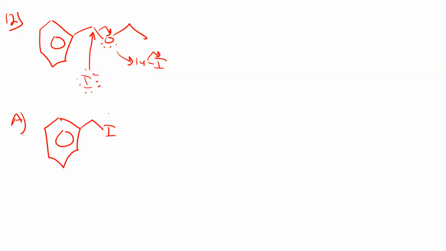So we have that. Then product B, well, we know what product B will be. We'll just have the alcohol. So product B will be the alcohol. And then it wants a further reaction. Let me think about that.